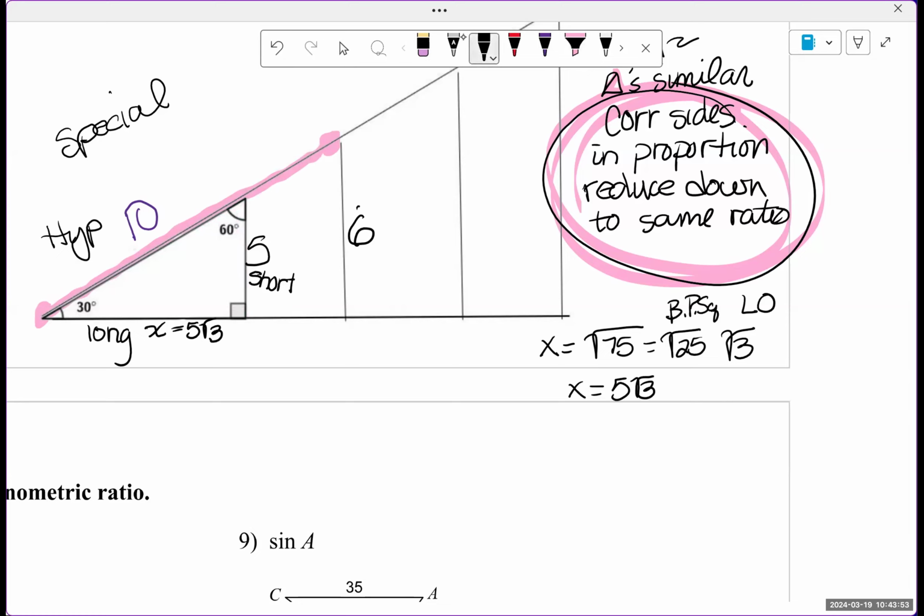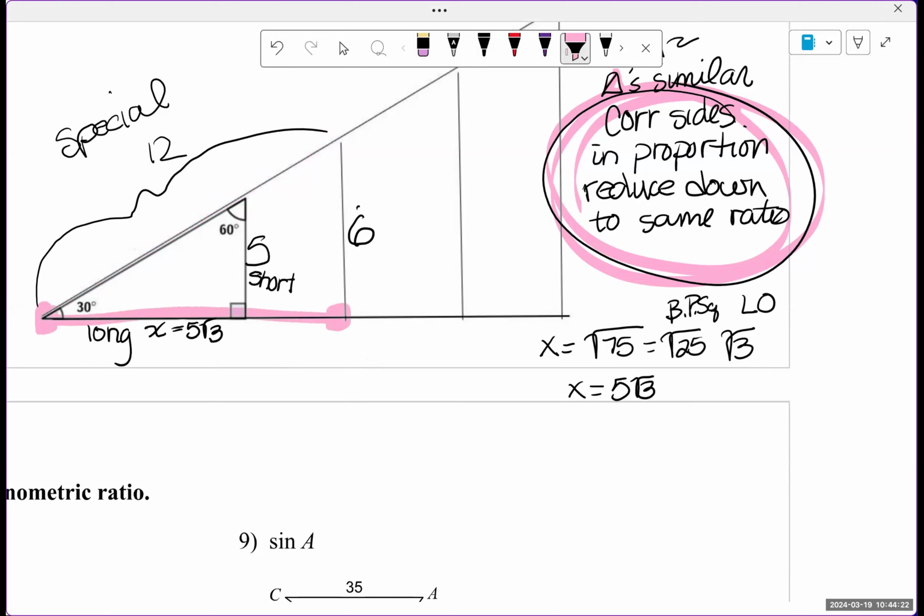Can we see that if the short leg to short leg is 5 to 6, the hypotenuse is going to be 10 to 12, right? Okay, now, what about long leg to long leg?